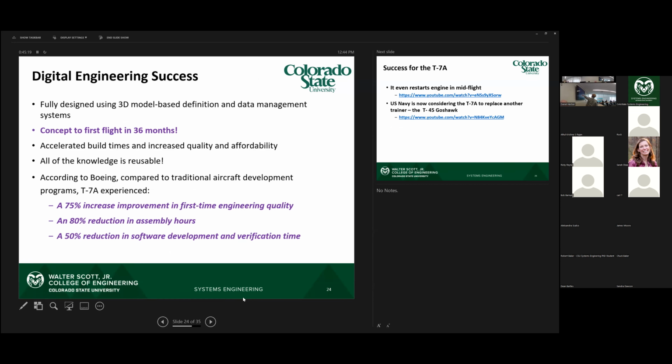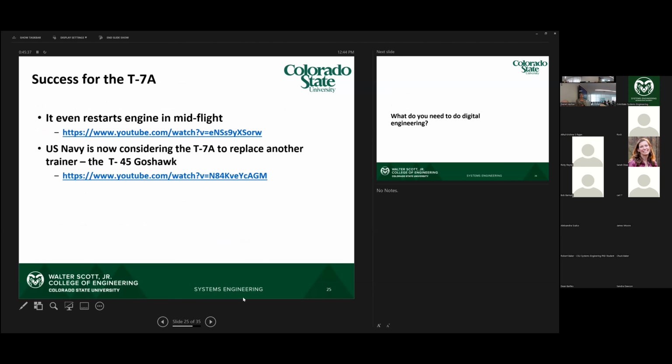Accelerated the build times. This is what they saw, a 75% improvement in first-time engineering quality. That is dramatic. 80% reduction in assembly hours and a 50% reduction in software development and verification time. And I have 2 little videos that I won't show you because of time, but you're welcome to look at it.